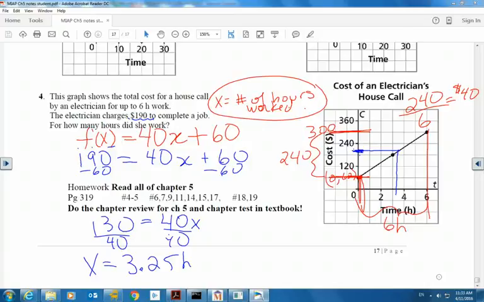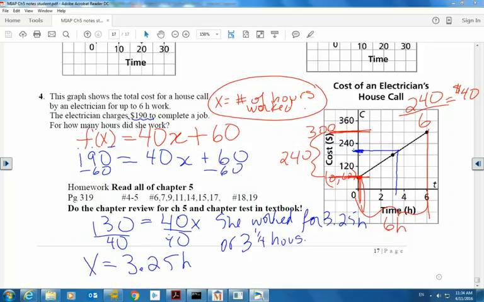So what would I write as my sentence? She worked for 3.25 hours. How else can I say that? I would say leave it as that, because it's an exact number, right? So 3.25 hours.